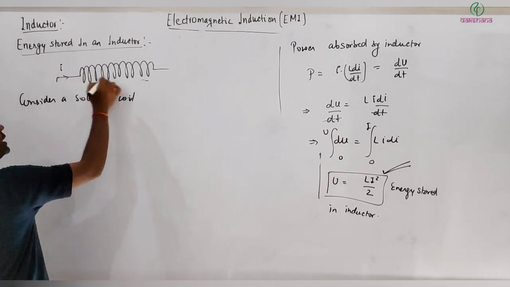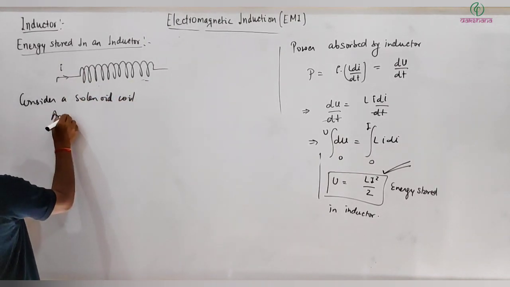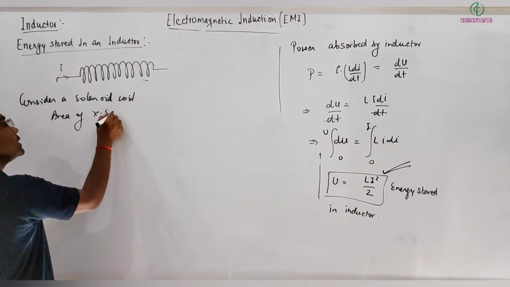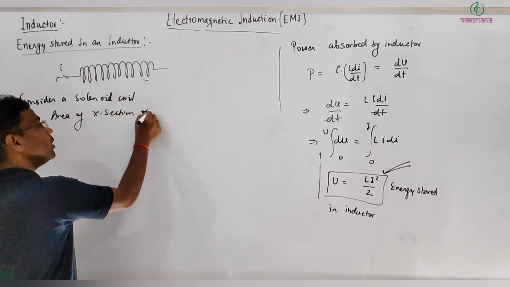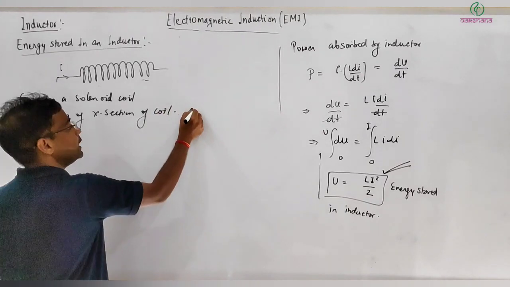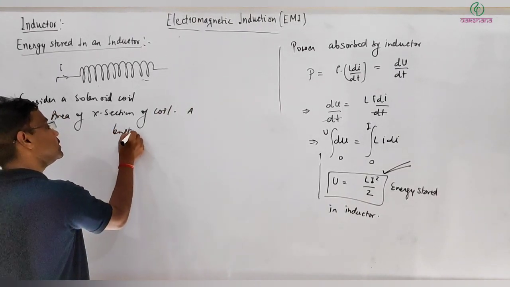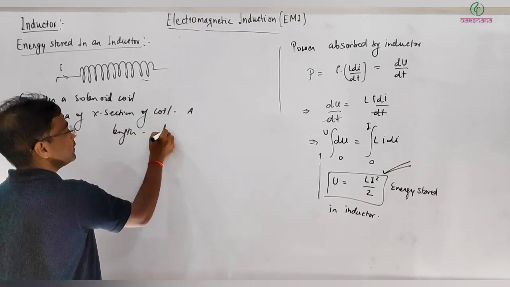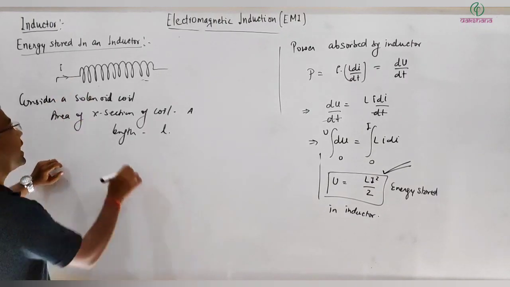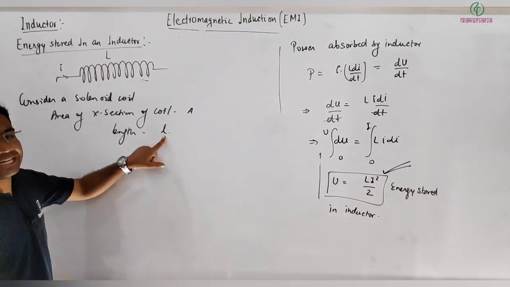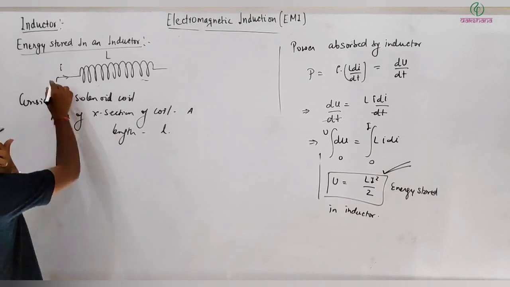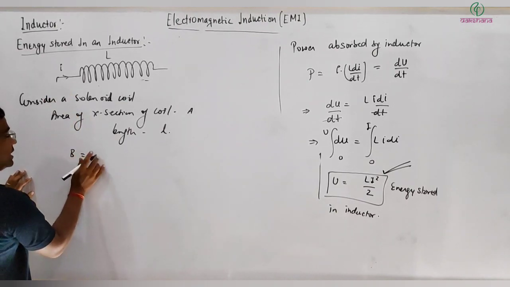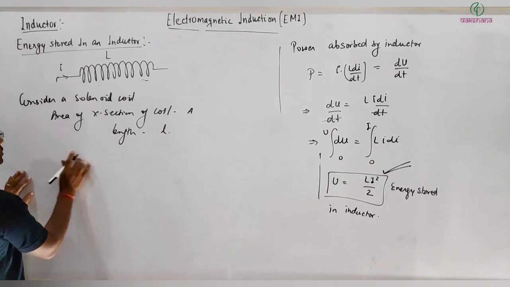So let's say the area of cross section of the coil is A, length small l, inductance capital L, I is the current, then B is the magnetic field in the solenoid.